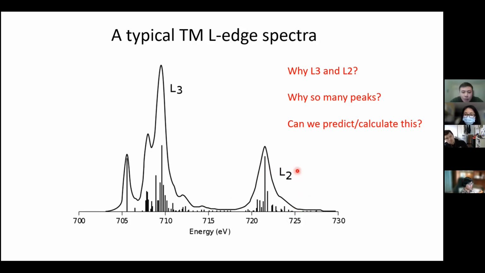There are some practices in the literature, for example, analyzing the L3 to L2 ratio, or analyzing some of the peaks. Can we do more? Those are the questions I kept in mind when I prepared these slides, and hopefully, after we go through all the lectures, we can answer all of them.